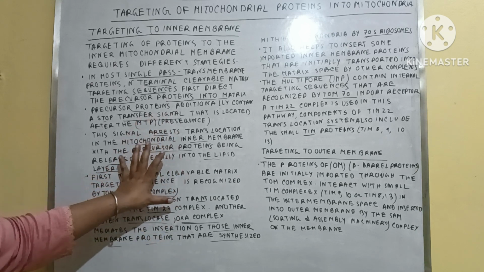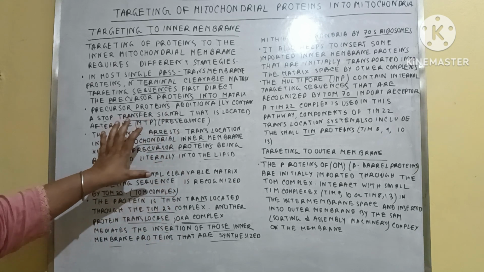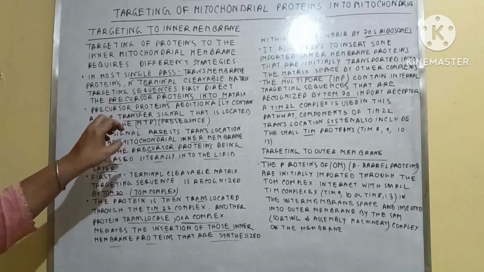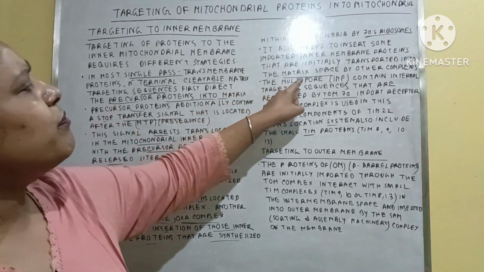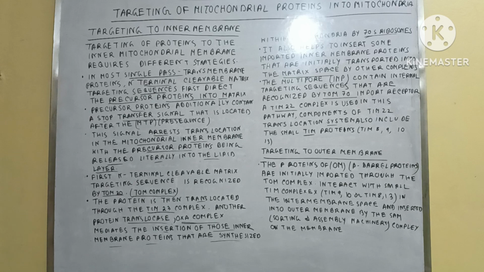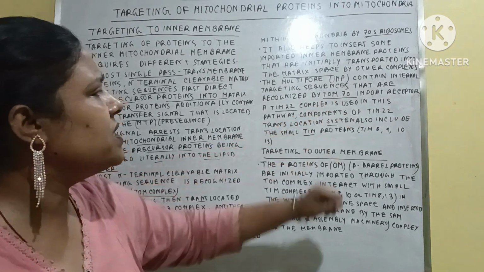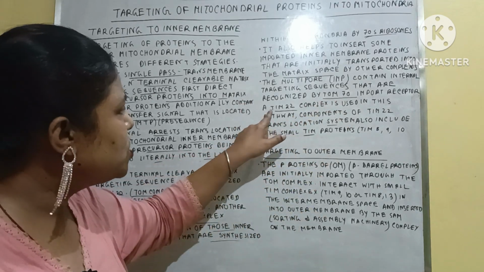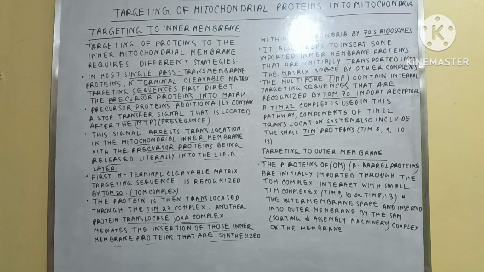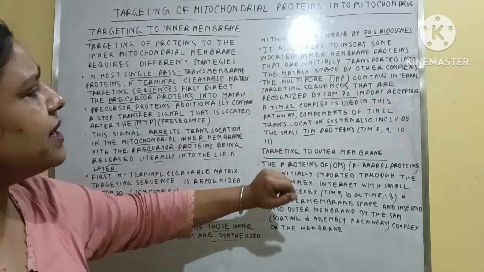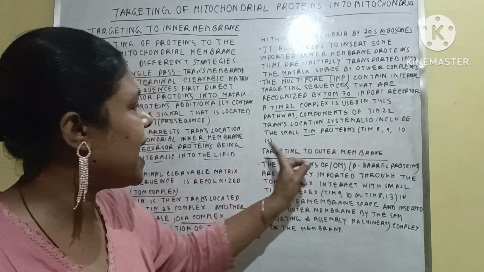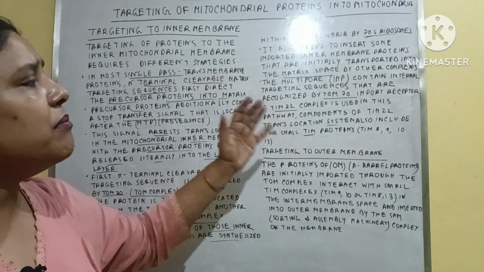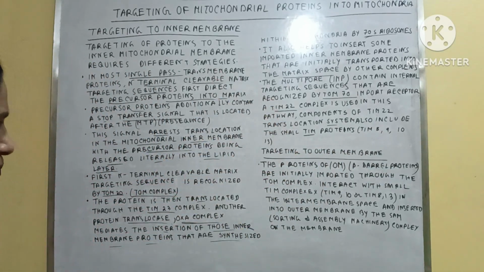This is possible only for single pass proteins. But multipass proteins are generally recognized by TOM70 and translocated through TIM22, and TIM22 containing TIM8, 9, 10 and 13 plays an important role in this translocation.